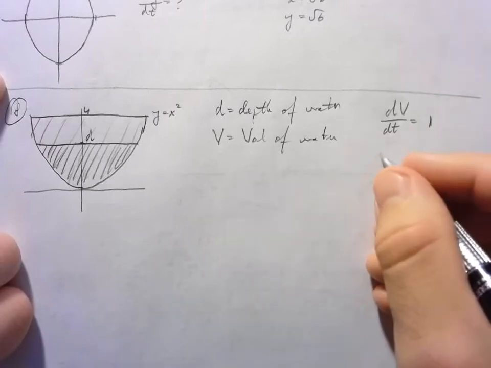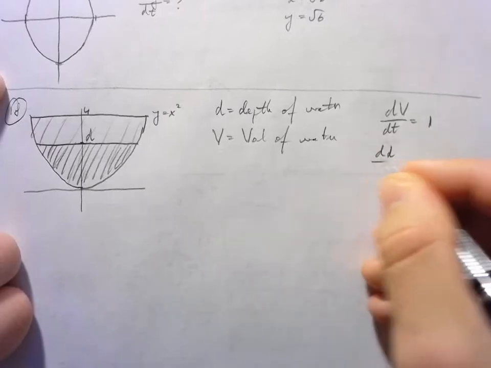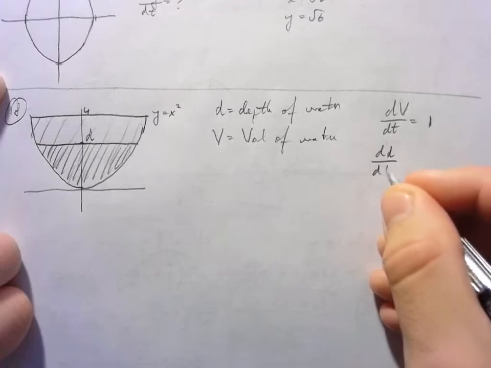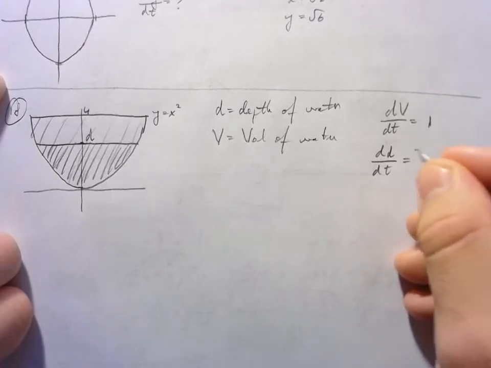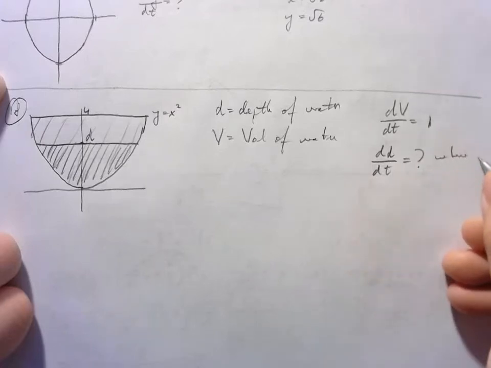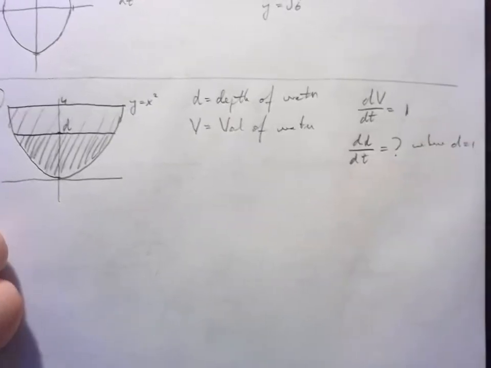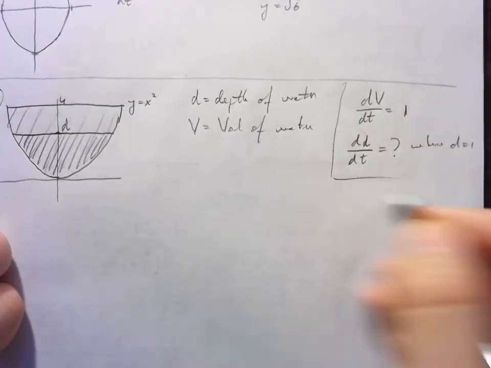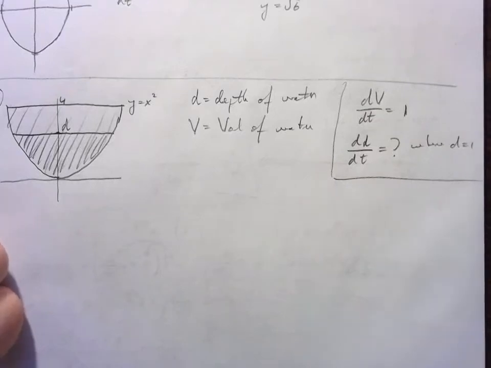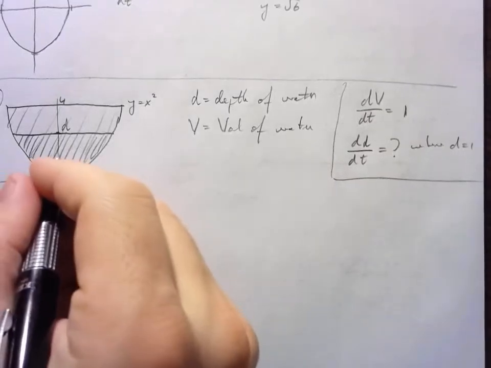And we want to find what is the derivative of the depth when d is equal to 1. So this is what we're looking for here. Okay, really quickly we can set up an integral for that.